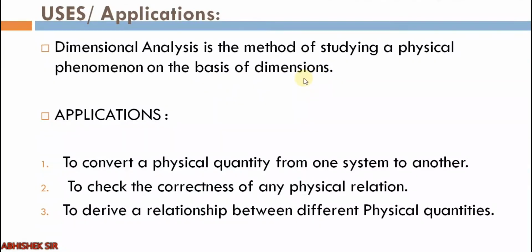So basically we are doing nothing but converting the derived physical quantities in terms of dimensions, right? But why are we learning all this, why are we doing all these conversions? There is some specific reason why we are doing this dimensional analysis. That is, there are three in total. Let us see them one by one.